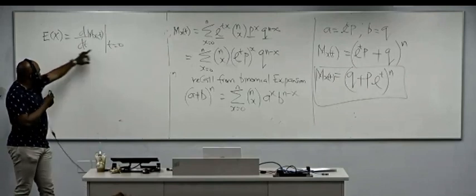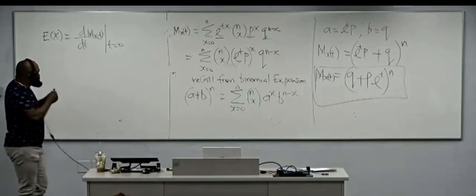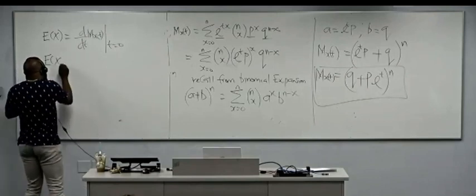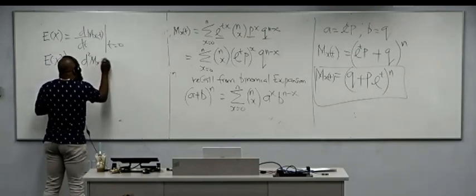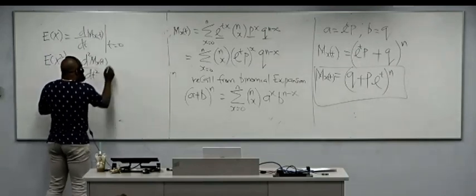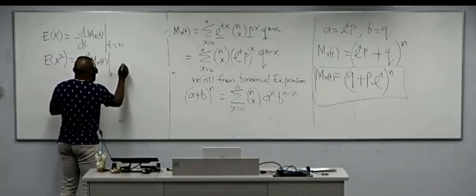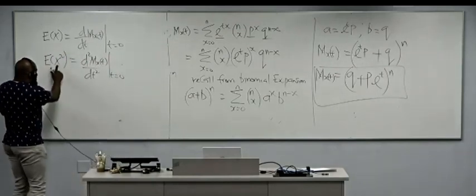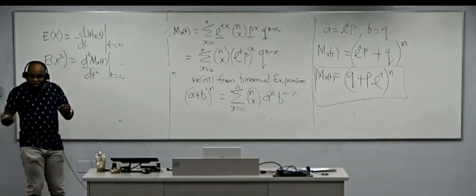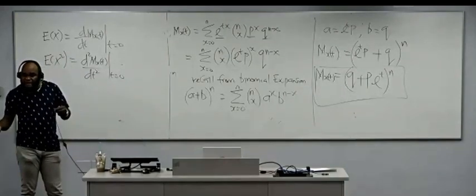And the expected value of x squared is d squared M_X(t)/dt squared with t set to 0. The moment I got this guy, of course, I can find my mean and my variance.